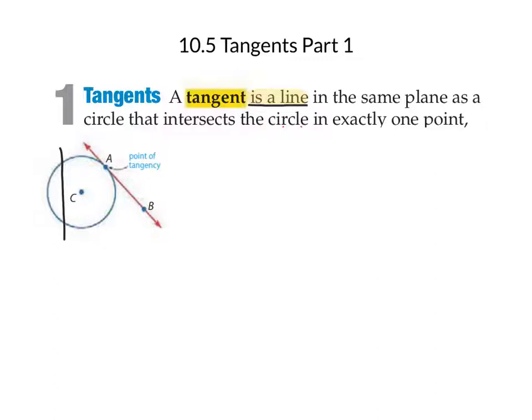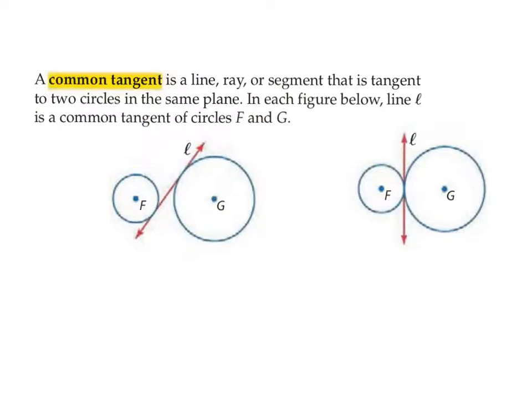And there's one last vocab word for us to take a look at. Here it is. A common tangent is a line or a ray or a segment that is tangent to 2 circles in the same plane. These pictures here are 2 different examples, but there's lots of other examples where you have 2 circles and they share a common tangent.